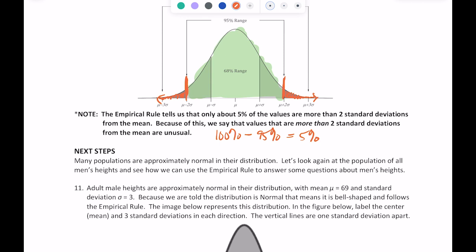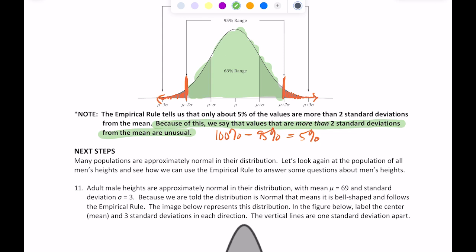Because of this, we say that values that are more than 2 standard deviations from the mean are unusual. That's important. It's even more unusual beyond 3 standard deviations, but 2 is kind of the cutoff.